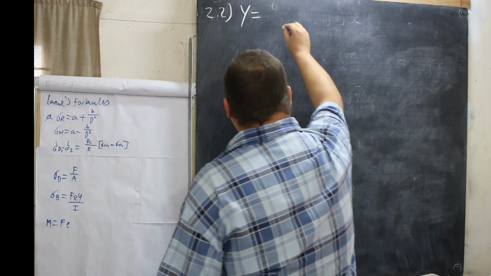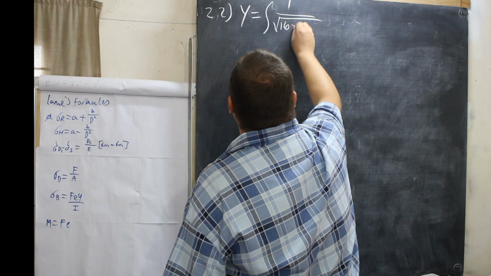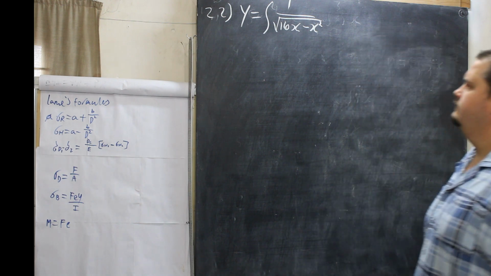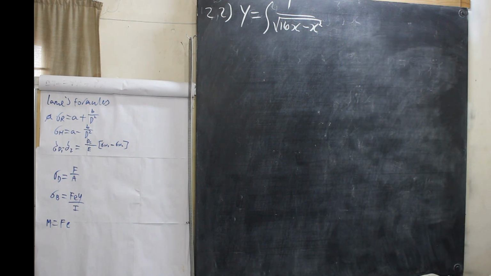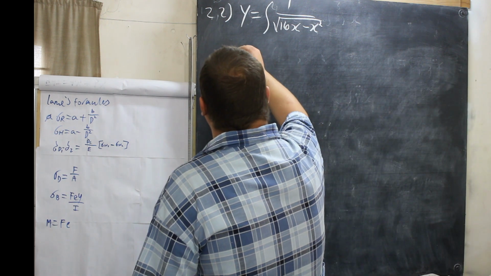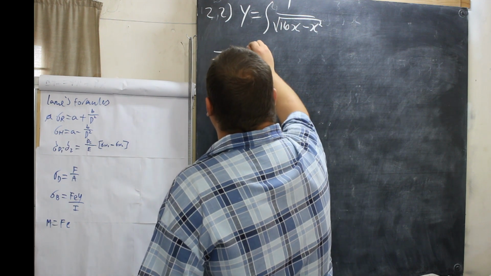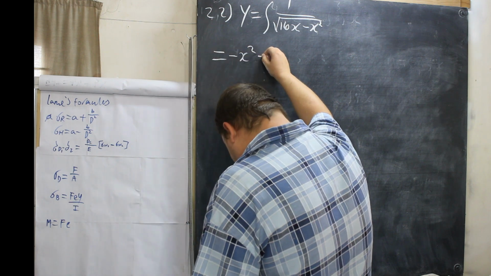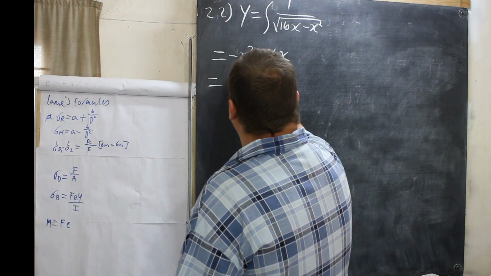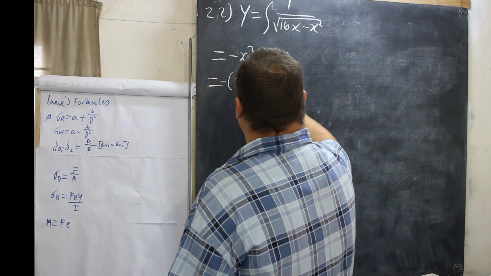y equals the integral of 1 over the square root of minus x squared plus 16x. Okay, first step. First step is minus x squared plus 16x equals the next step, minus, x squared minus 16x.